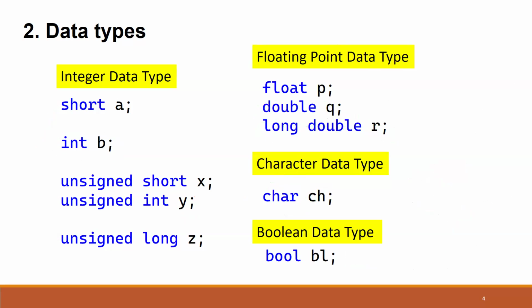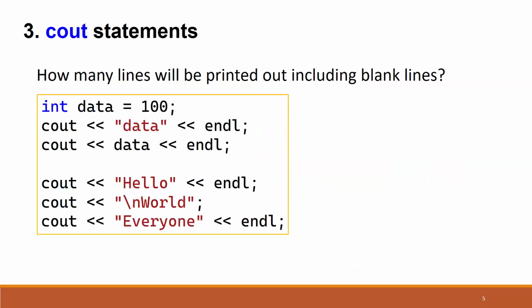So there are 4 data types. And see our statement. I will ask some questions about the output. What is the output of the code? Something like that. Guys, look at this one. How many lines will we print out, including blank lines, if you run this code? Here I told you, including blank lines.